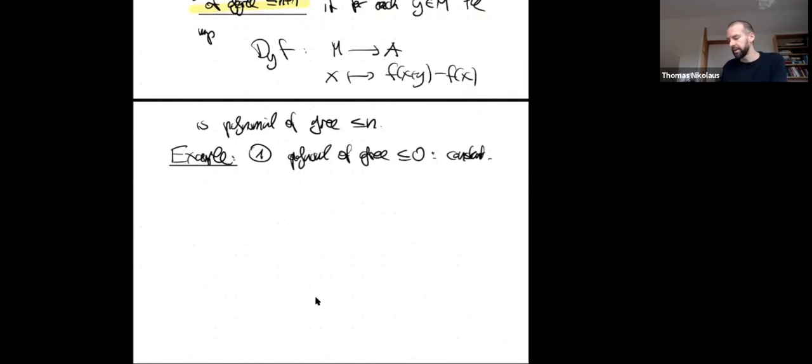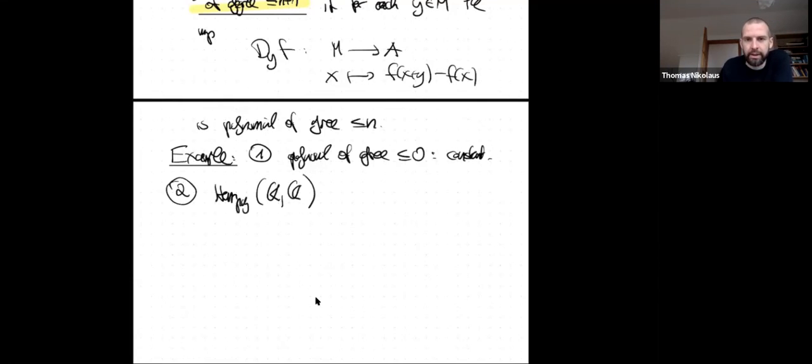Right, and then I guess you can start sort of going up the ladder to see what polynomial in the next degrees will mean. So in the next degree, you'll find something like affine linear. And I think it's a great exercise to work out what polynomial maps from Q to Q are. And the claim is that these are exactly just polynomials in the classical sense.